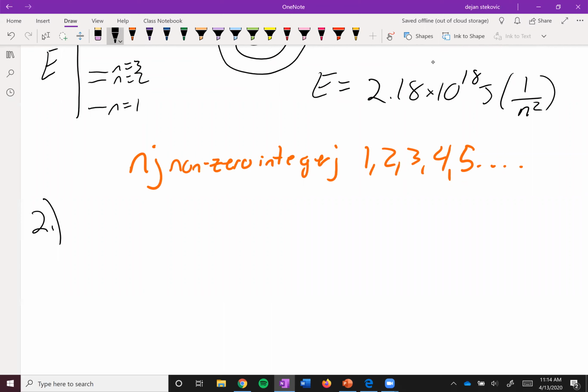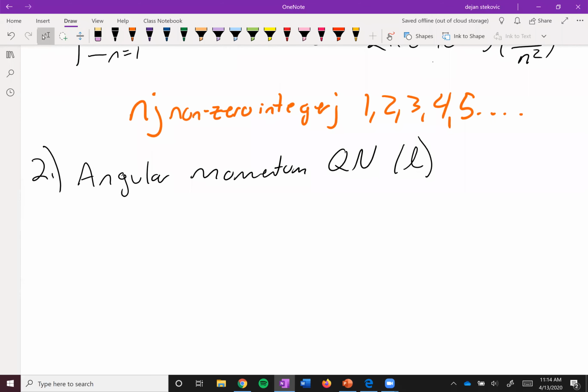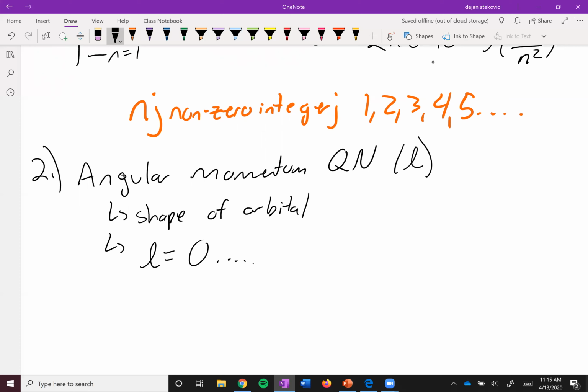Next up is the angular momentum quantum number. This gets the symbol of a lowercase cursive L. And this tells us the shape of an orbital. L can have values of 0 all the way up to n minus 1, and they all must be integers.